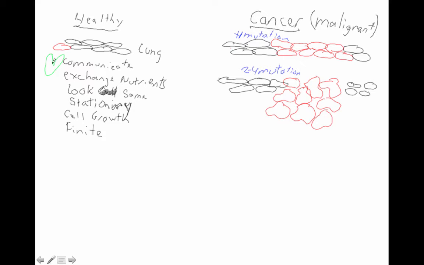It's going to come along here and it's going to digest and destroy these cells that are not behaving the way they should. So the healthy cells are immune sensitive. The immune system will respond to poorly behaving cells.